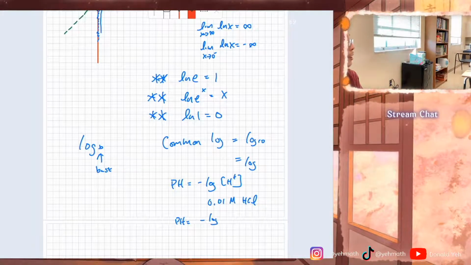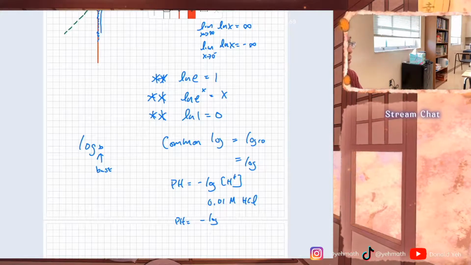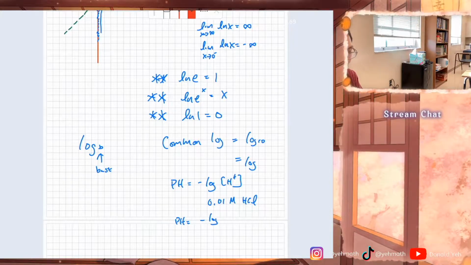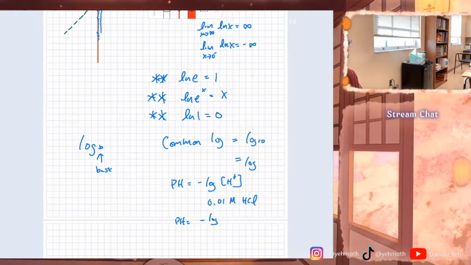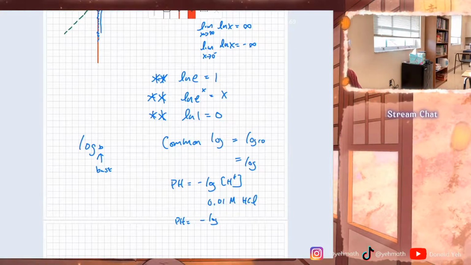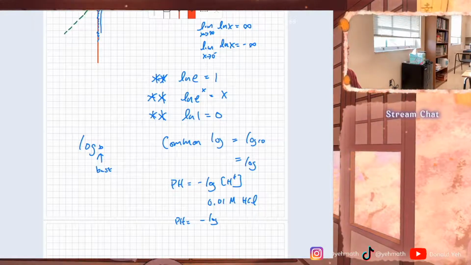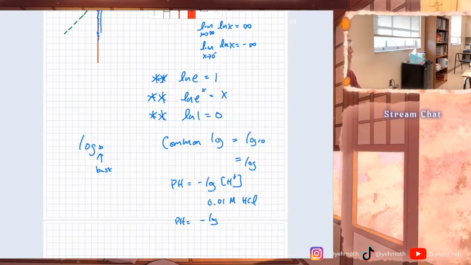The HCl is 100% dissociated, which means it's going to dissociate completely. For those of you who never took chemistry, hydrochloric acid is a strong acid.